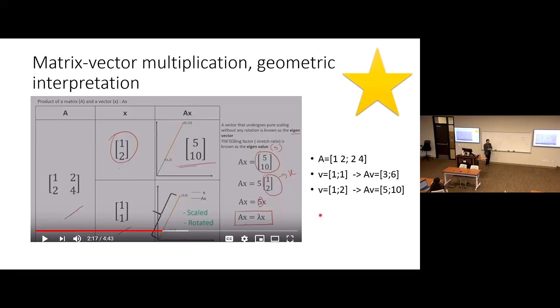So the result should be in this position here. Should be 2 by 1, okay? So this should be 2 by 1, the position. So this is A times X.